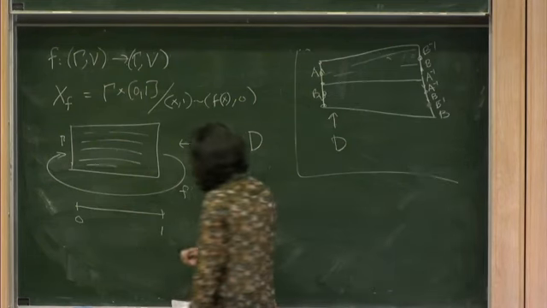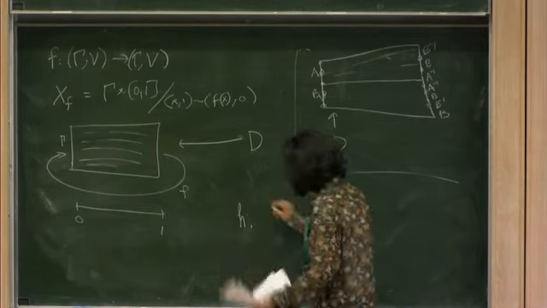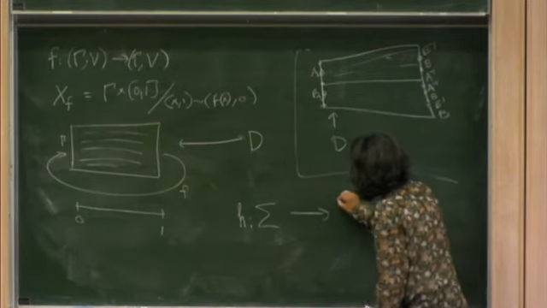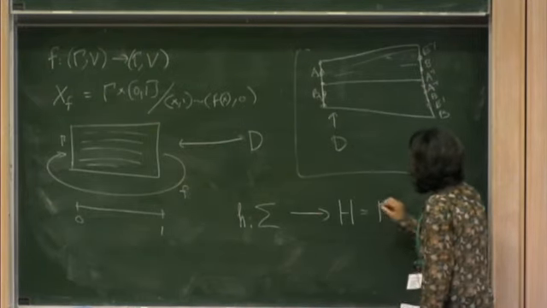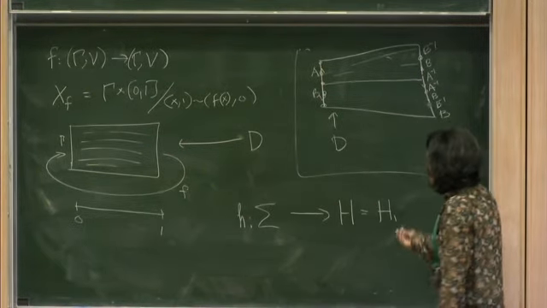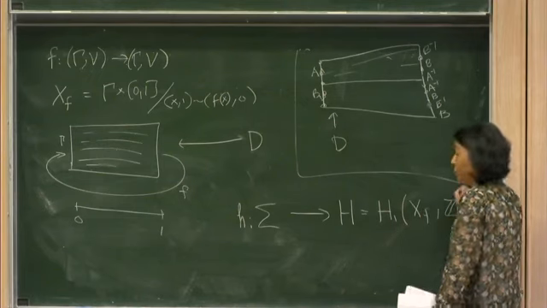Okay, so what this gives you is a map from the cycles to whatever you like. So H_1 of X_F with coefficients in Z.